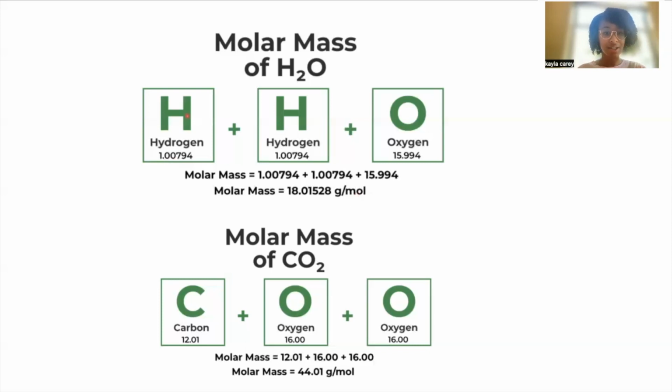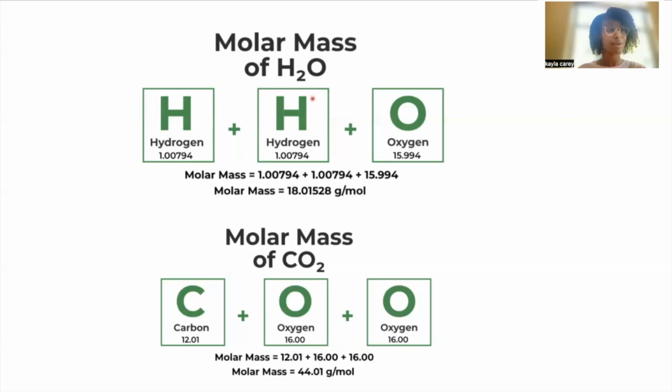Now, because of this, we know that water then has a molar mass of 18, and carbon dioxide, CO2, has a molar mass of 44.01. So we can say that carbon dioxide weighs more than water.